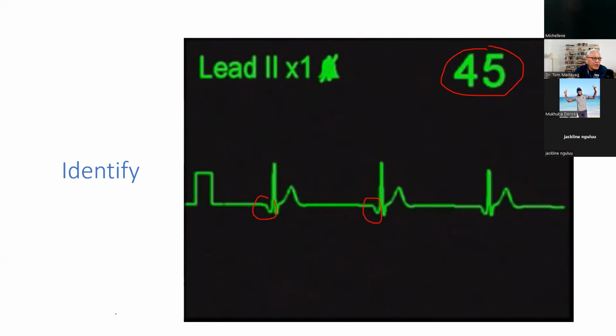Is it missing or is it inverted? We have an inverted P wave. So whenever we have an inversion of the P wave, we know that this is a P wave that is going to be produced by the AV node, and thus we call it a junctional rhythm.